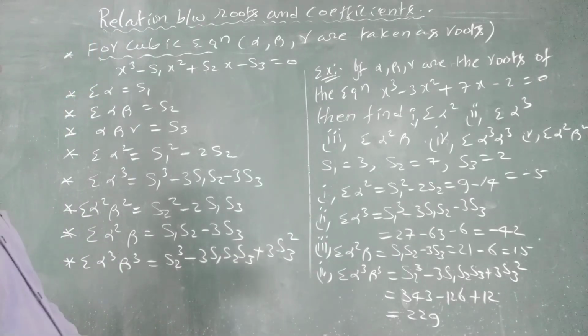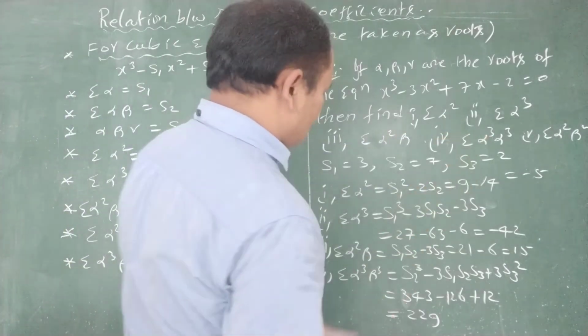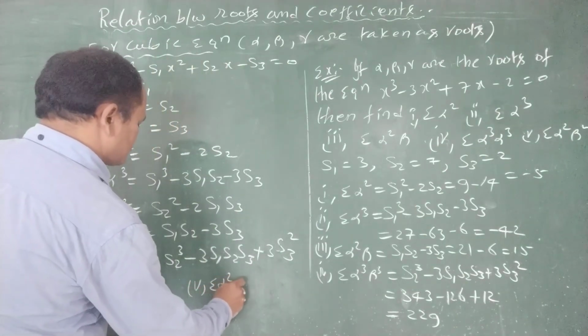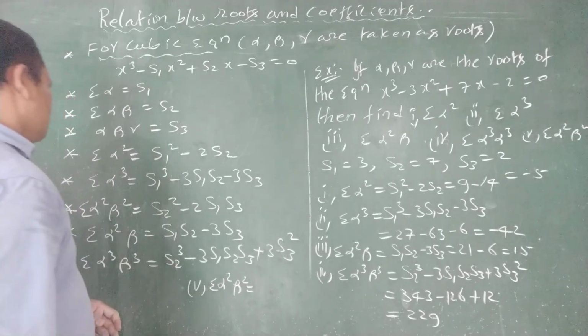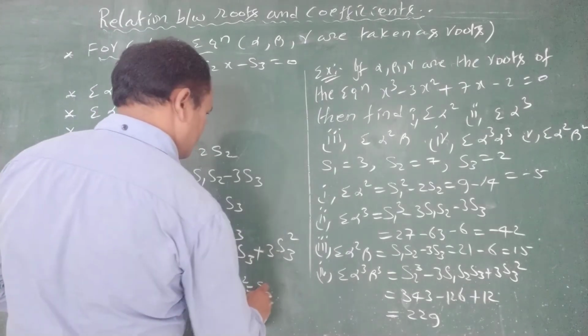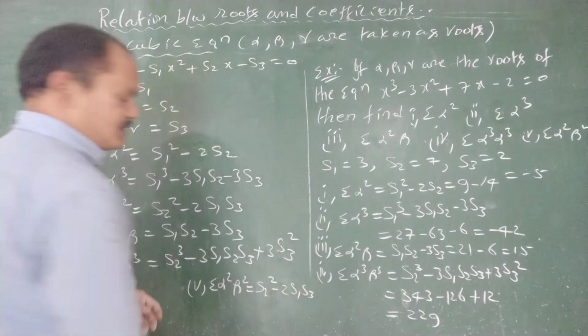That's all. Now next, that is sigma alpha square beta square. The formula is S2 square minus 2S1 S3.